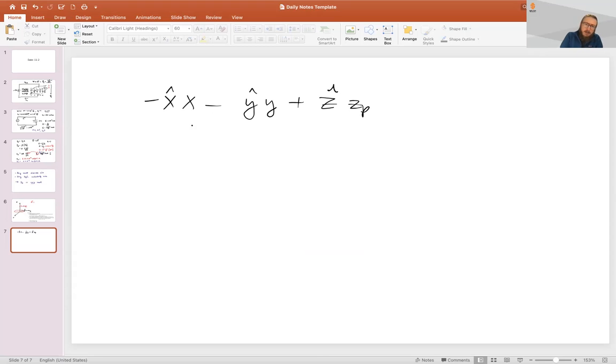So if you were to convert this to cylindrical, you can do either one, but you should get this. And I believe those are the same thing.